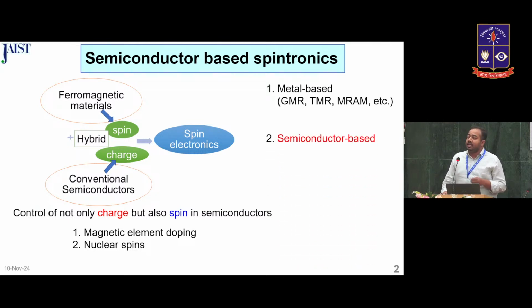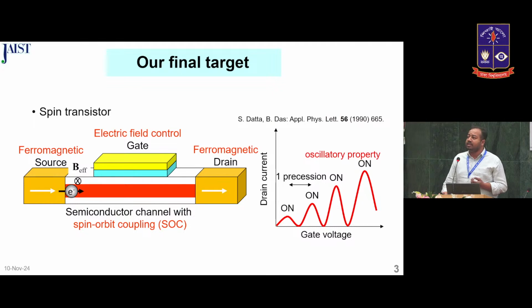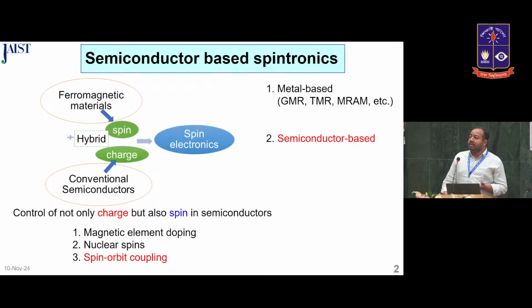Here there are many ways to control the spin as well as the charge. First of all, magnetic element doping or nuclear spin. But our target is to use the spin orbit coupling mechanism, especially in the channel materials where the spin orbit coupling should occur. So our final target is to make a spin transistor like this.